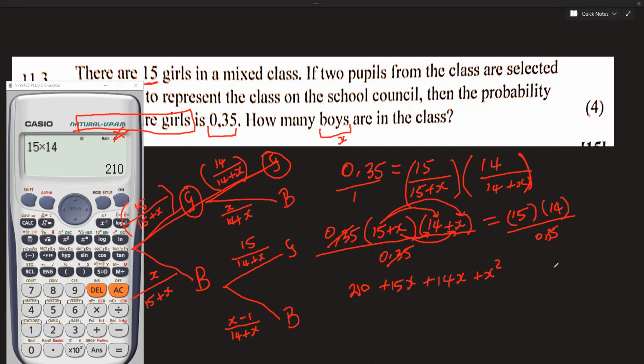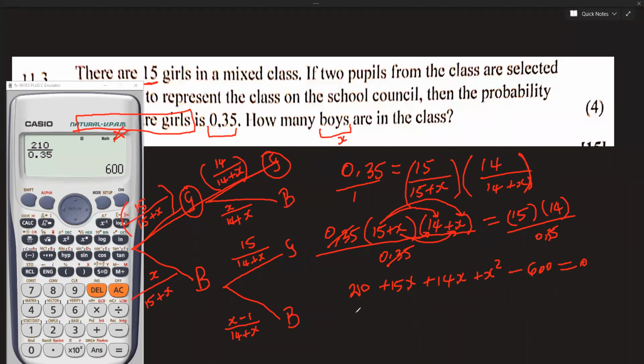And then let's check that side, what does it give us? I'm going to just minus it here and say equals to 0. I'll move it to the side. Okay, so let's check. Remember we said 14 times 15 is 210. So 210 divided by 0.35 gives us 600. Okay, so I have 600 there.